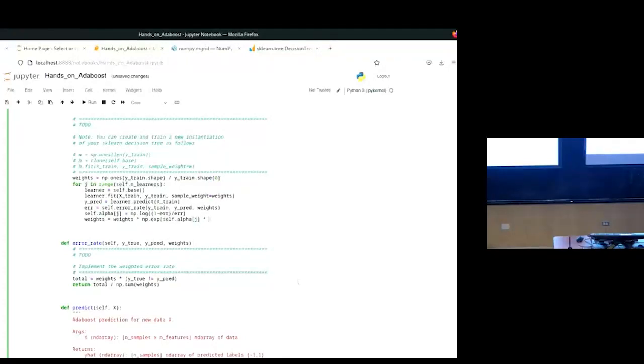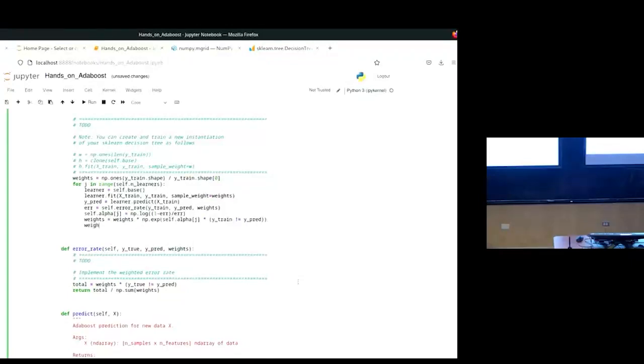And here's going to be the same thing that we have done before, which is y train different than y pred. So if they are equal, it's going to be 0, and the weights are not going to change. And now we just have to normalize to have sum 1. So it's going to be weights divided by np.sum of weights. All right, so now we have new weights, and the same thing repeats again until we have everything we need.